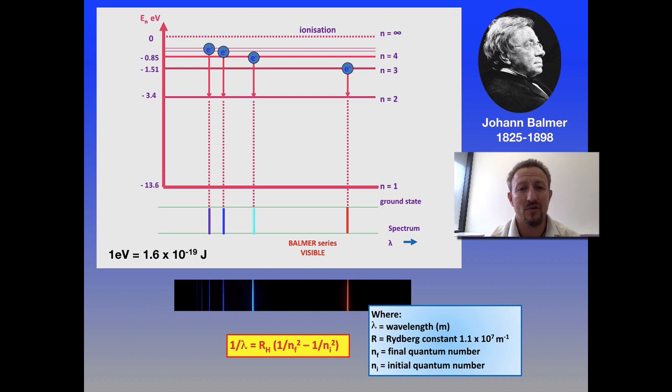Now nf is your final quantum number, and ni is your initial quantum number. So as you move down from one energy level to the next, those are the n values, multiplied by your Rydberg constant, and then do the reciprocal, and the result is you'll end up with the wavelength.